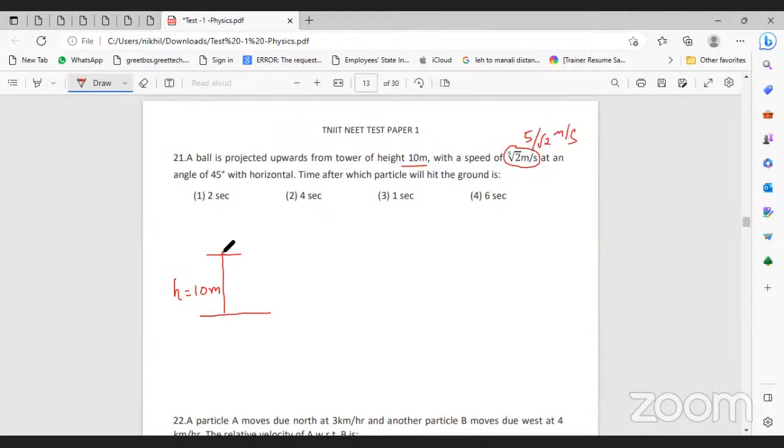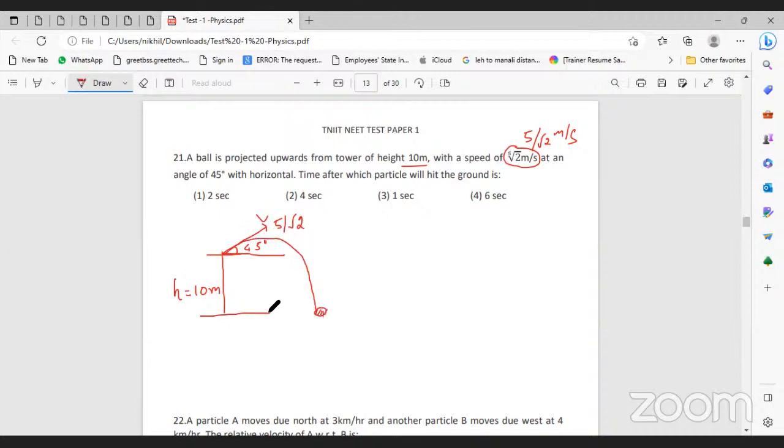So it is projected here, at 5 by root 2 meter per second. At what angle? At 45 degree with the horizontal. We need the time after which the particle will hit the ground. If you throw the ball like this, it will come and reach the ground here.